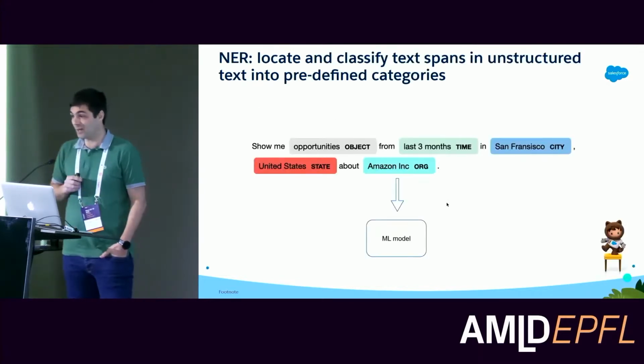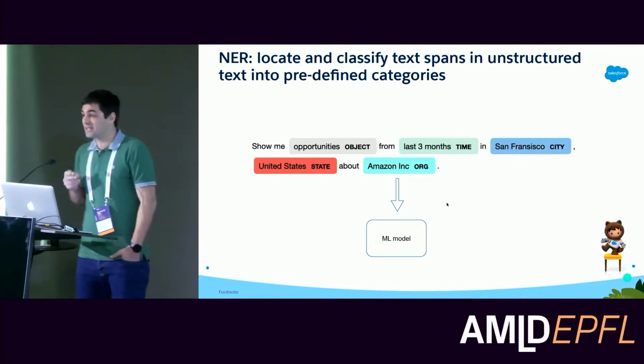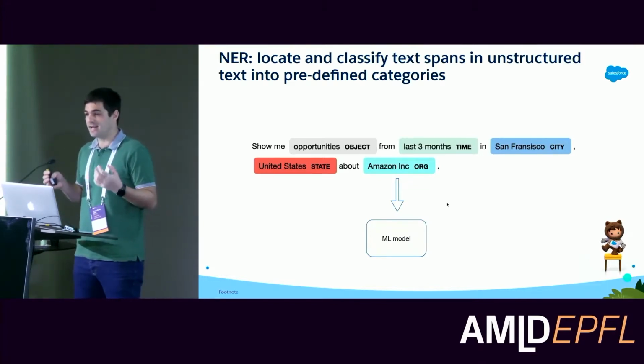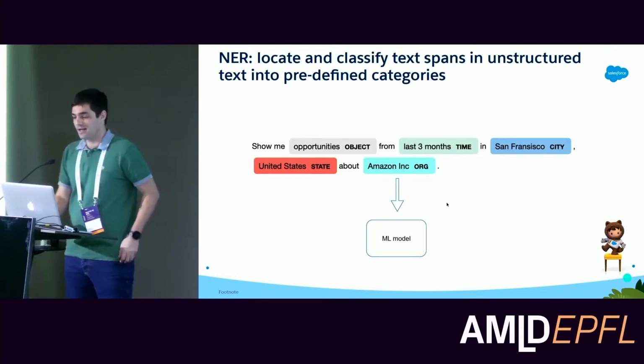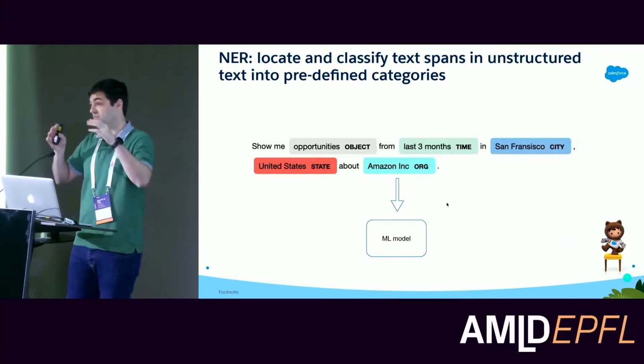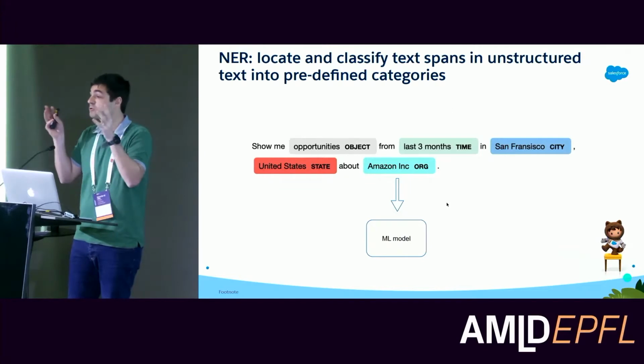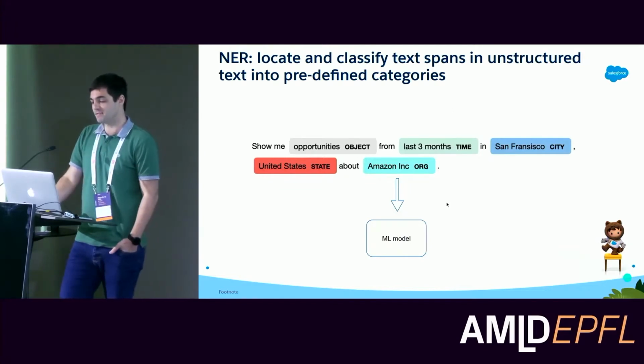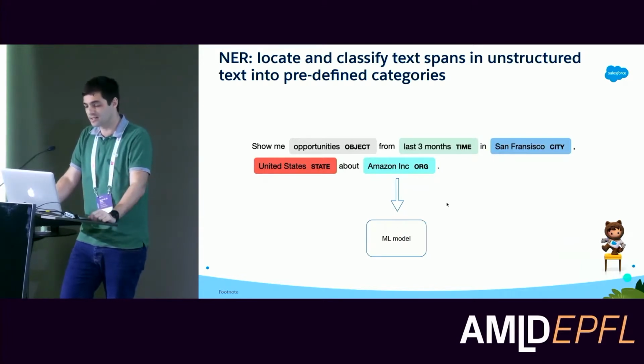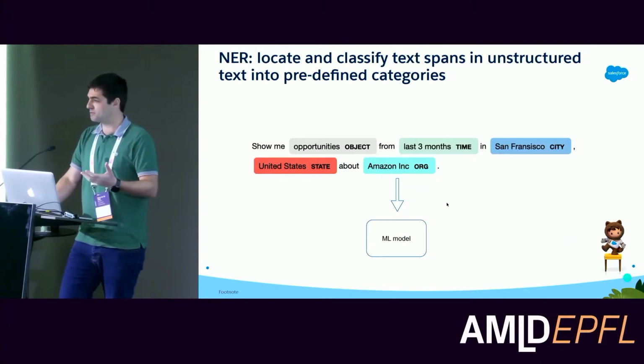So NER, what is it? Essentially, we try to understand the text, and NER is the task of locating and classifying text spans in unstructured text, think of paragraphs, documents, or very short tweets, into a list of predefined categories. What we see here is a very realistic example of a query that we support in Salesforce Search. Salesforce is a CRM platform.